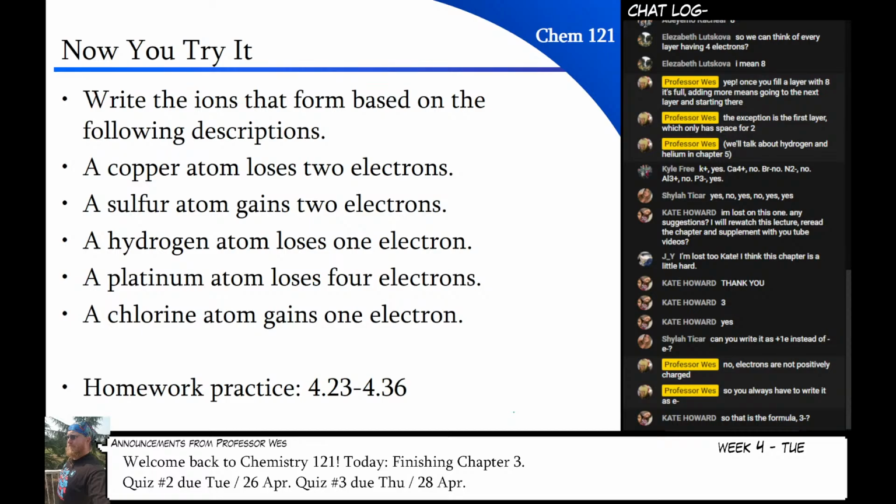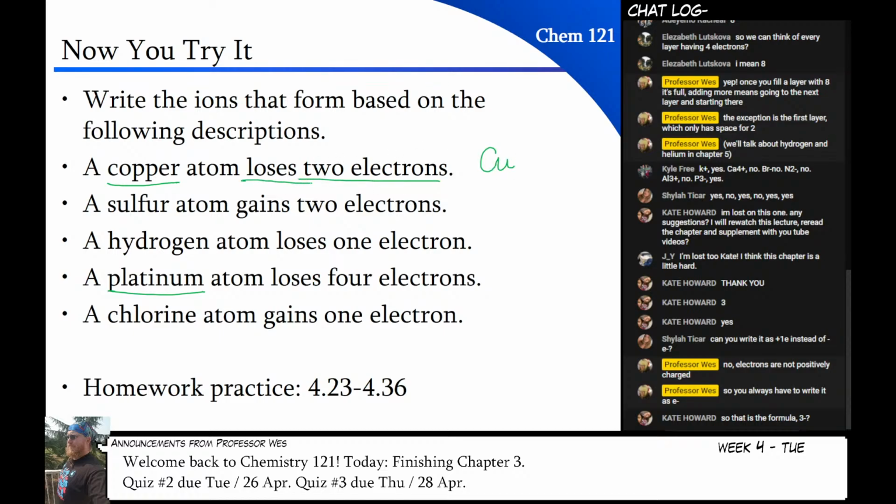Now, you'll notice that for each of these, you could draw the Lewis symbol if it was one of the elements that had valence electrons. But some of the elements I give you don't have valence electrons to them. So copper and platinum are transition metals. They won't follow this pattern. So instead, what I want you to do is just write the symbol and then do this to it.